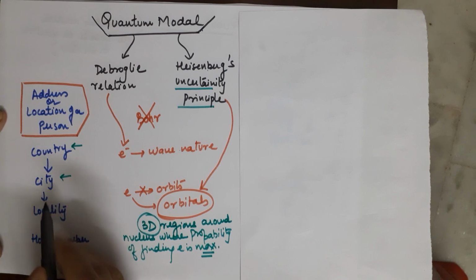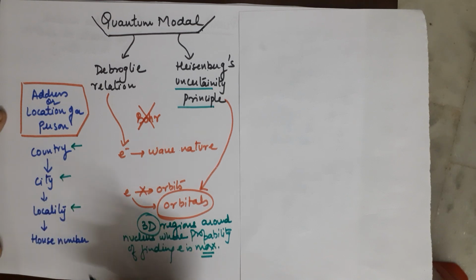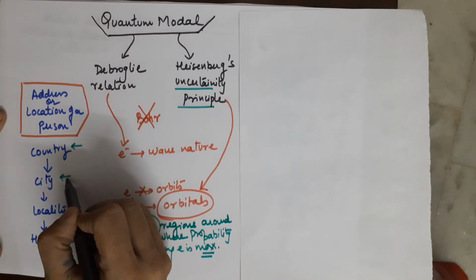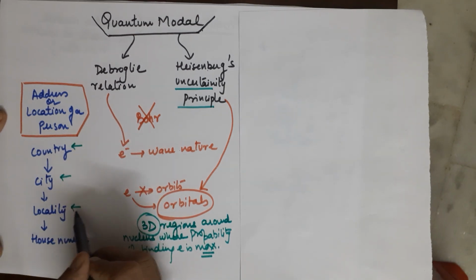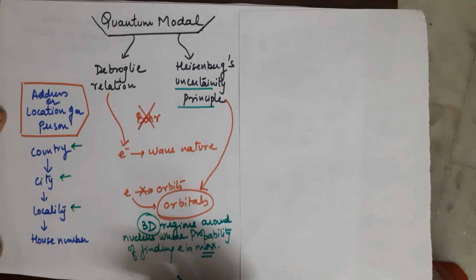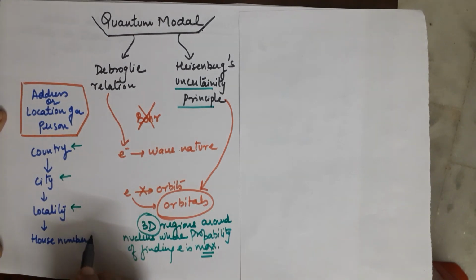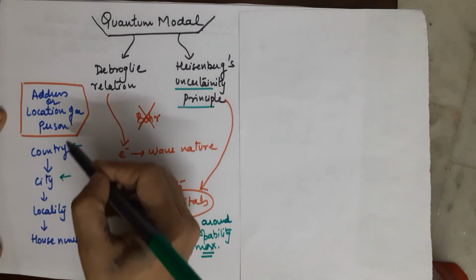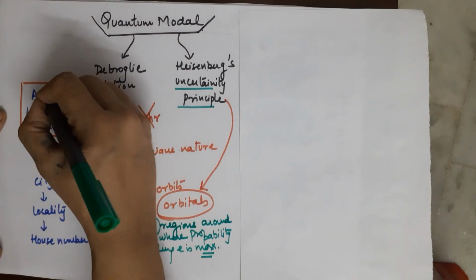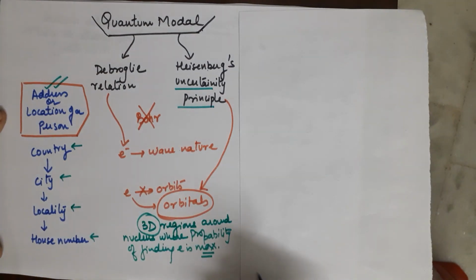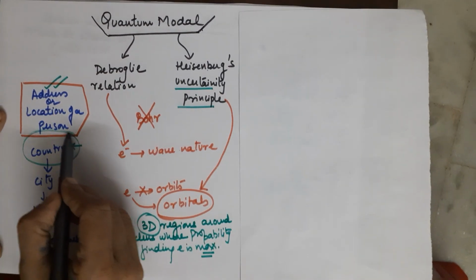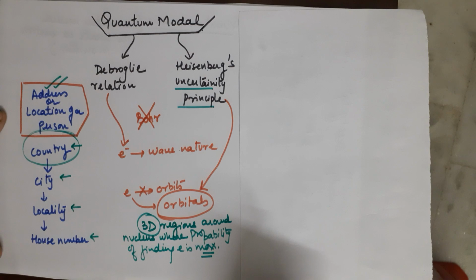Then you require a locality, let's say Pitampura. So, India, New Delhi, Pitampura, and then you require a house number, which could be QU48. So, you require at least 4 parameters if you want to locate a person. Merely saying that the person lives in India will not help.